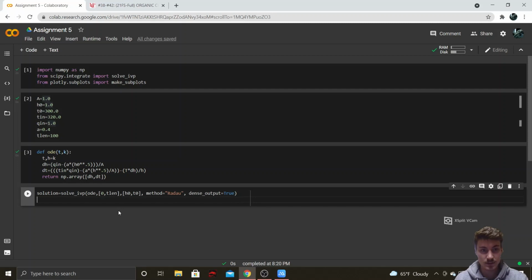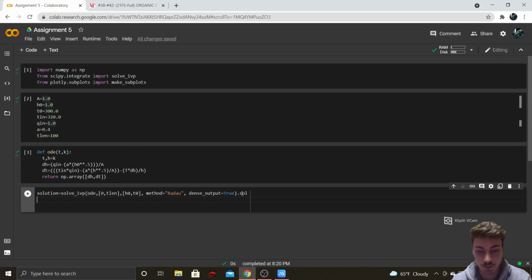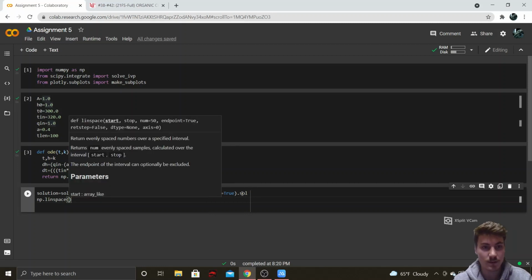So then from there, if we just ran this, it would give us a whole initial set of equations, but we just want the solution from it. So we can do dot sol, and then for our plots, I think it's numpy dot linspace, and then what we can do from there.